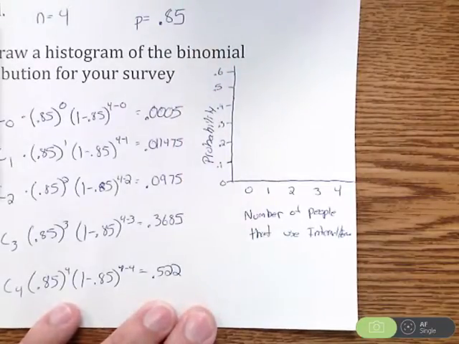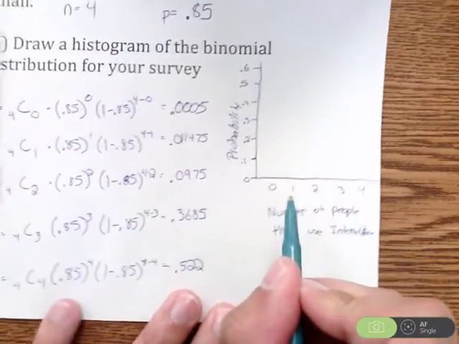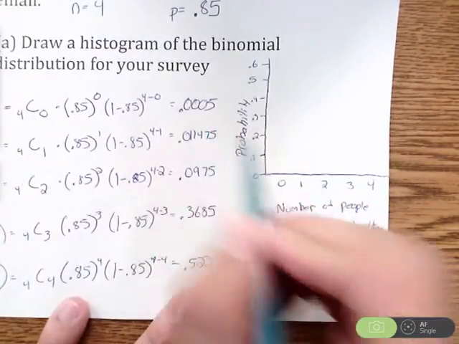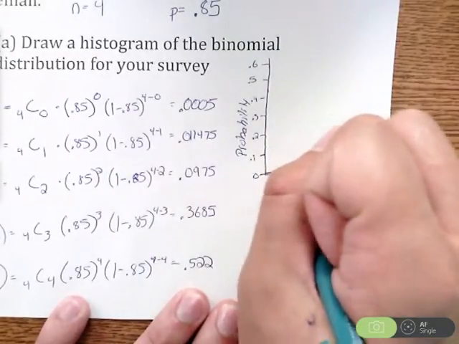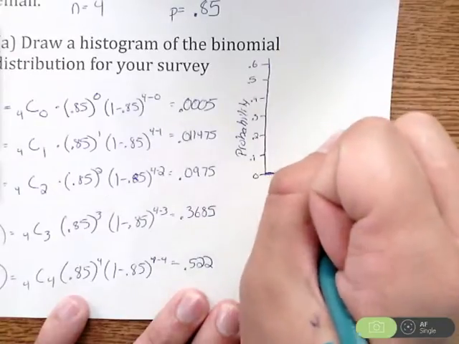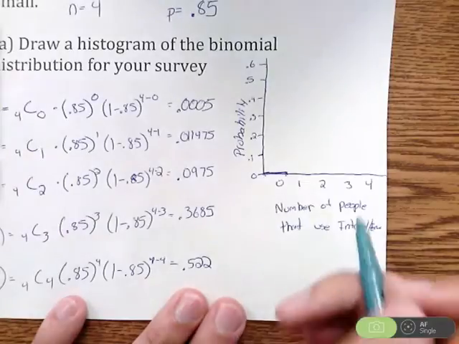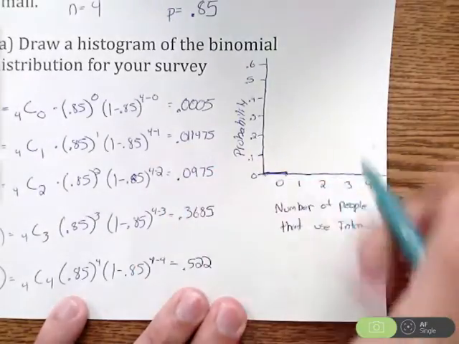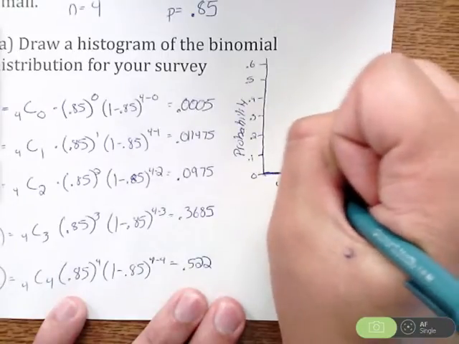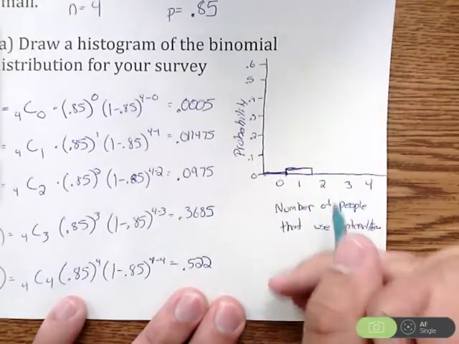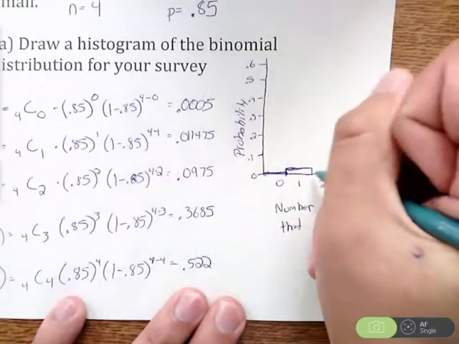And all we're going to do is make a bar graph of sorts. So when we had k being 0, my probability was 0.0005. So we're barely going to put a sliver there. So just a sliver. There's my bar graph for 0 out of 4 saying they use internet or email. Next I have 0.011475, so still tiny but a little bit bigger. Bar graph for 1. For 2, we got up to 0.0975, so that's going to be just below 0.1.